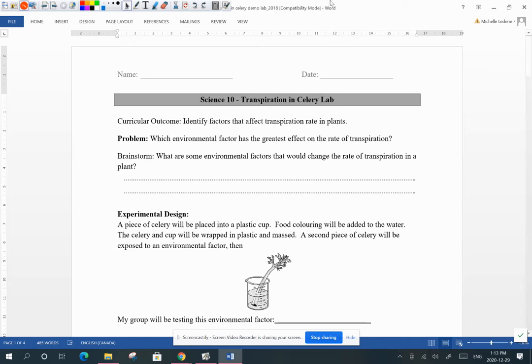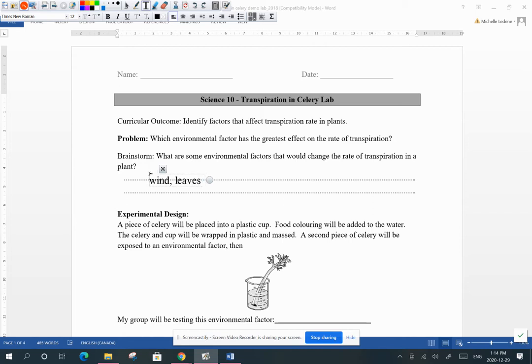So I'm sure you can think of a lot of different environmental factors, right? If you start thinking about transpiration, the movement of water up the xylem from the roots to the shoots, you can probably think wind, right? Wind might affect the rate of transpiration. What other things?